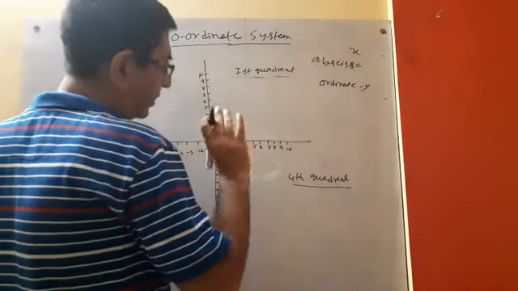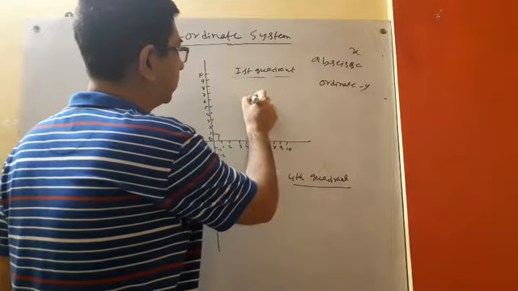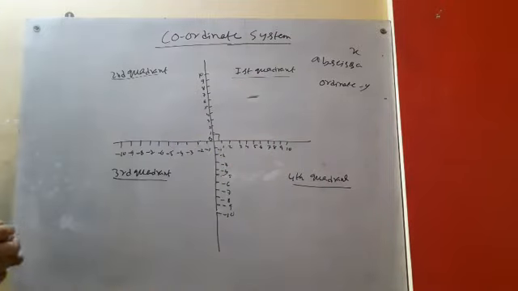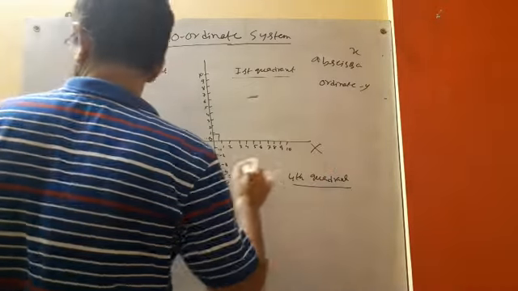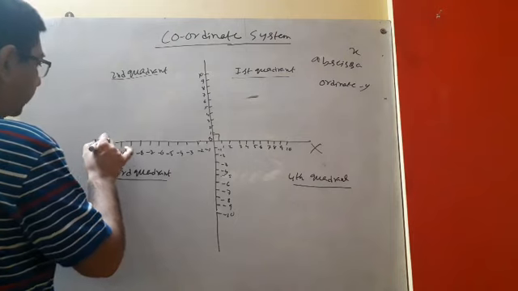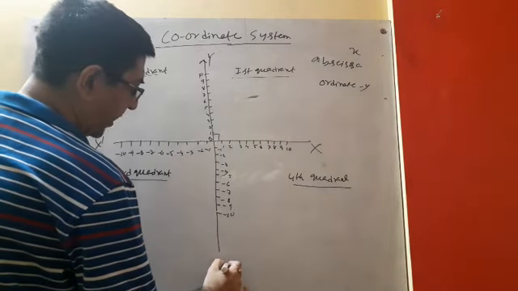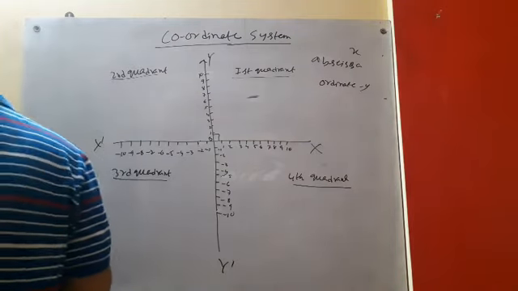Suppose the coordinate of a point is x comma y. Before that, this is called x-axis, X'OX, and this is called y-axis.